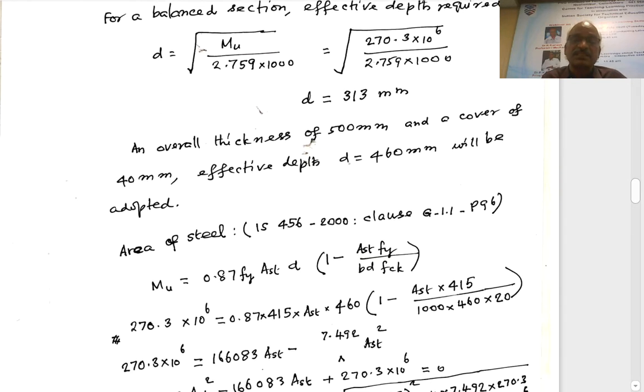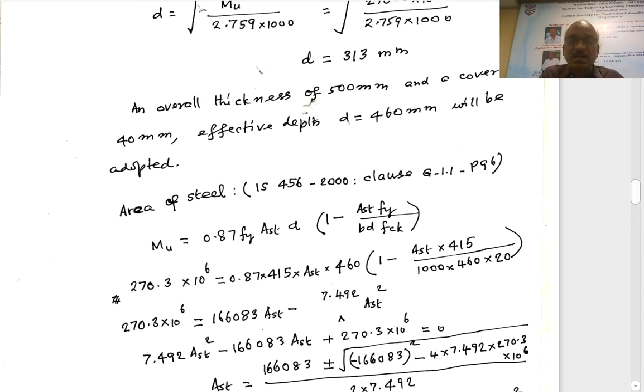So for the overall thickness, based on shear and other considerations, we can have 500 mm thickness. Nothing wrong in having 400 mm thickness also, but that may cause some other problem, a shear problem, or you may have to revise the design later. So on the safer side, we take 500 mm.